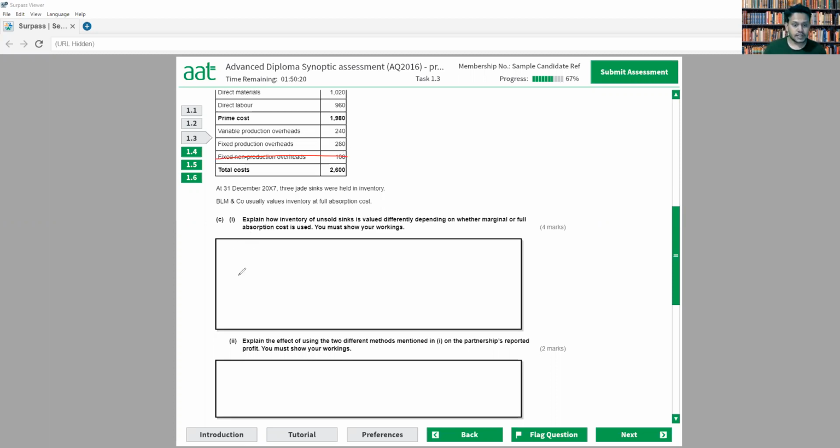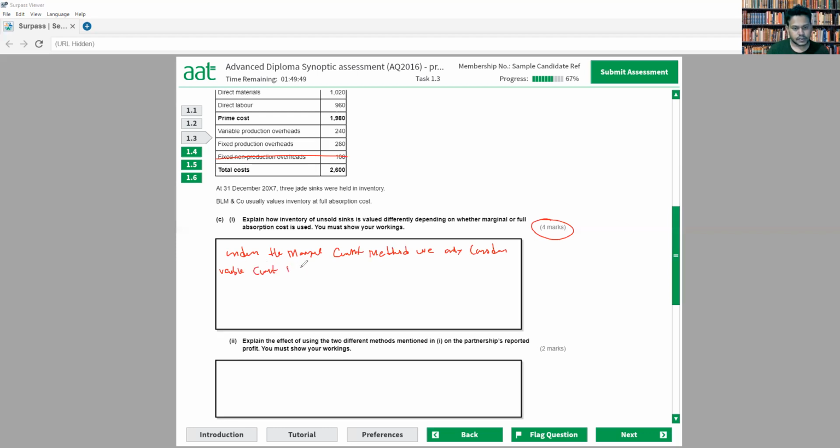So first, it's a 4 marks question. You don't have to write much. So we'll say under the marginal costing method, we only consider variable cost.